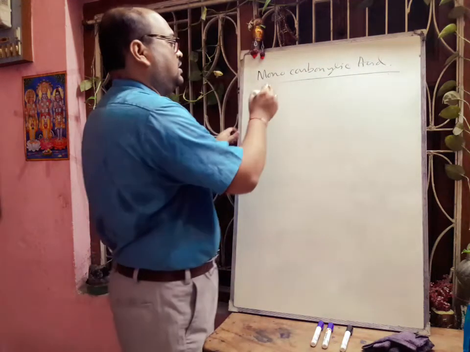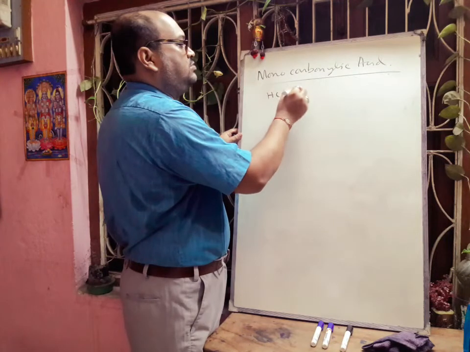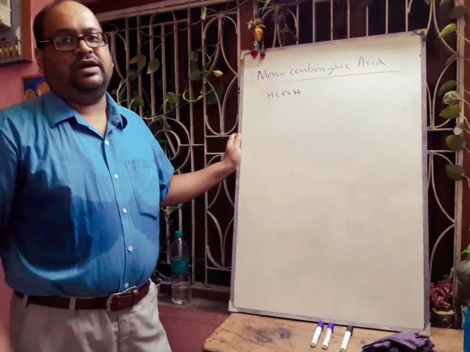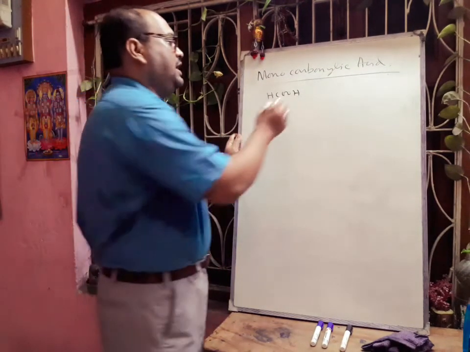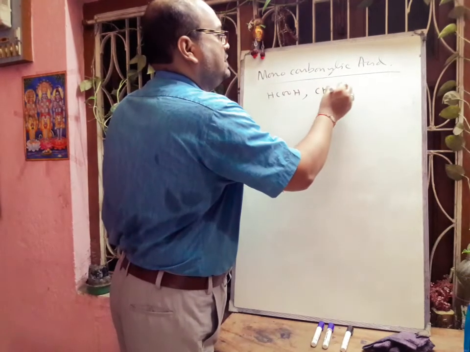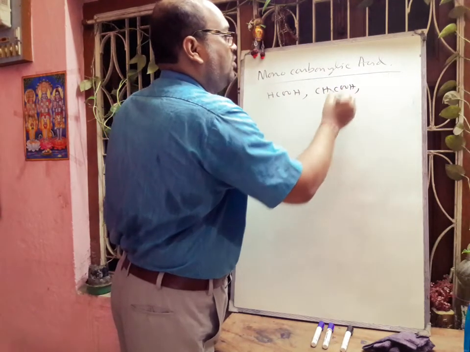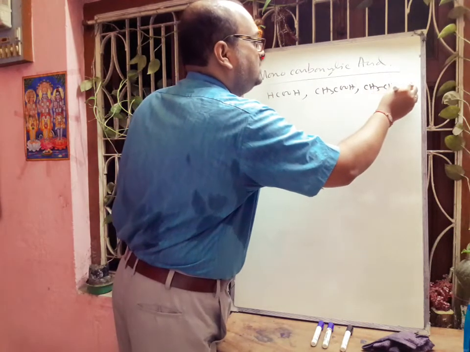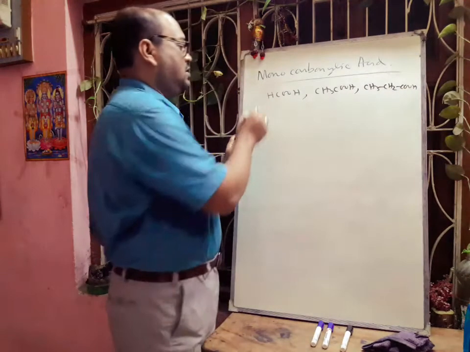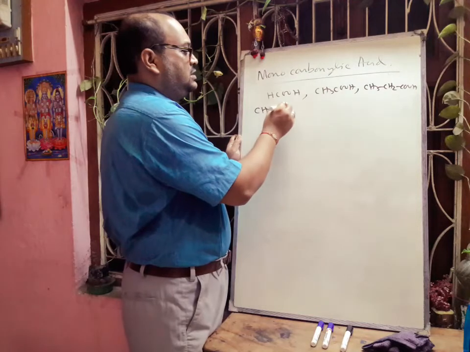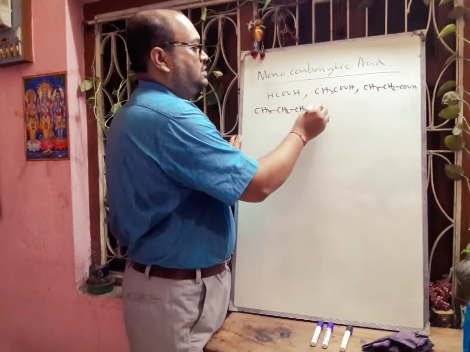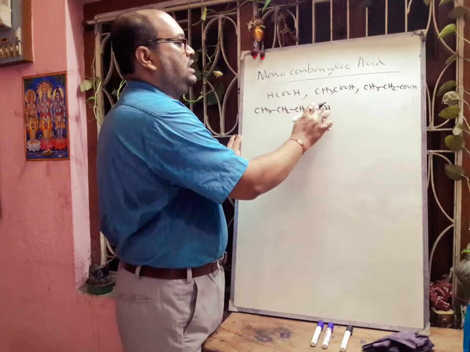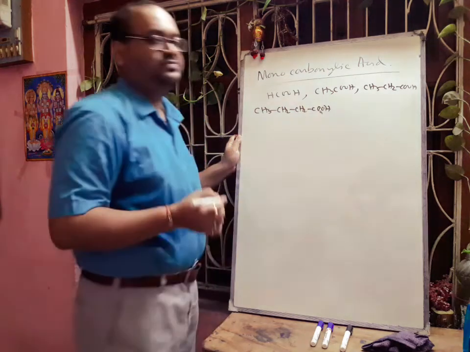Suppose this one HCOOH, this one is monocarboxylic acid. Whenever we are writing CH3COOH, this is the acetic acid. This is the monocarboxylic acid. Whenever we are writing propanoic acid, this is also monocarboxylic acid. This one is the butyric acid. This is also monocarboxylic acid, as only one COOH group is present.